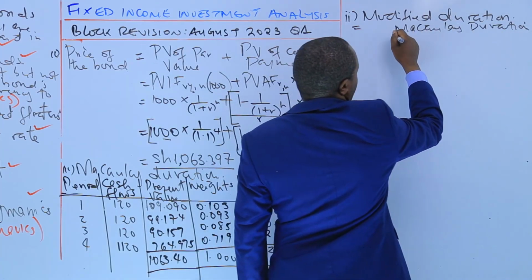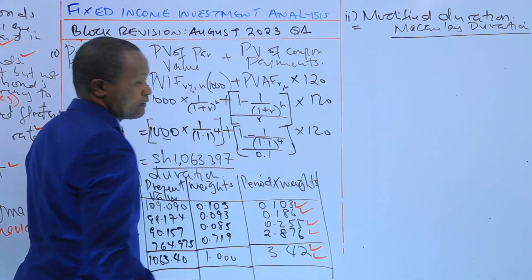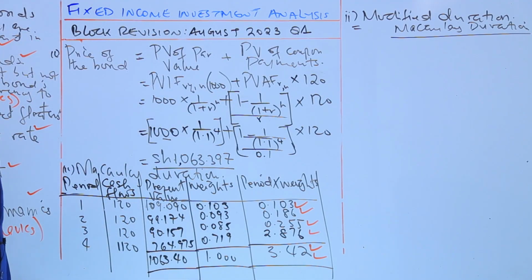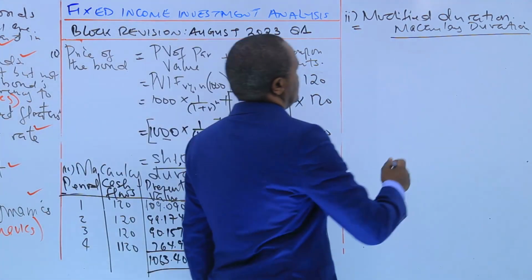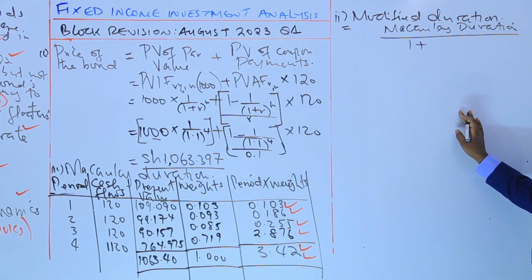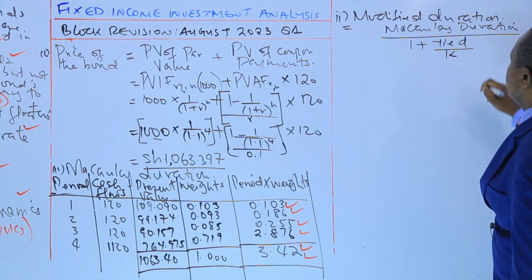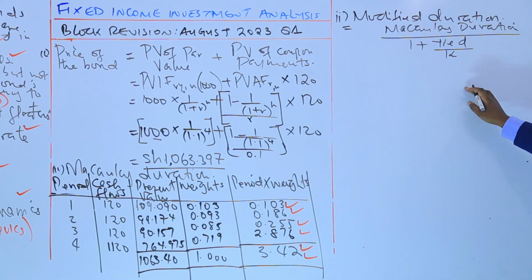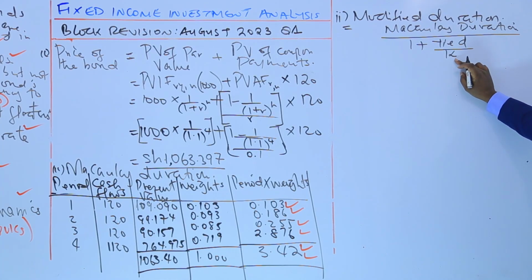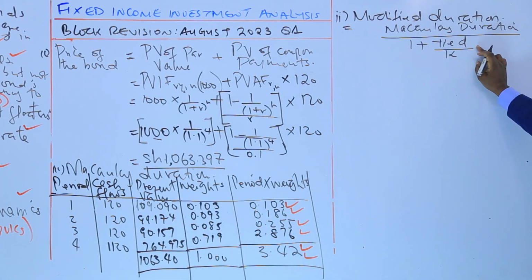To modify this Macaulay duration, we're going to divide the Macaulay duration by incorporating the bond's current yield to maturity, which is equal to 1 plus the yield, then we divide by K, where K is the number of periods per year. In our case, the periods are 4. And the yield is the yield to maturity of the bond.